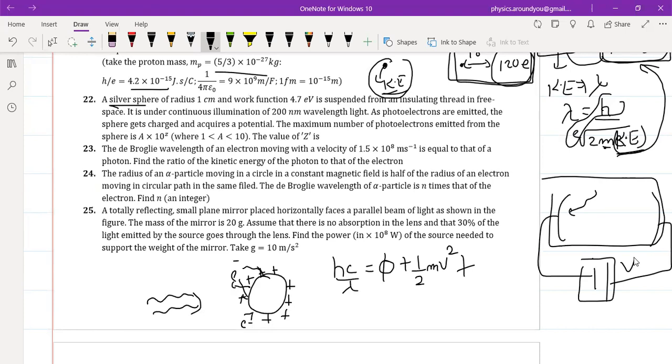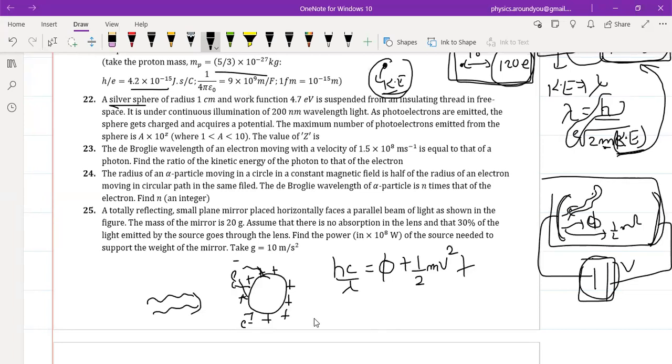It was maintaining a constant potential difference between the cells. So whatever light was incident on this plate, it used its energy only to overcome the threshold function and to give the electron some kinetic energy. The potential part was always taken care of by the battery. It was given externally.